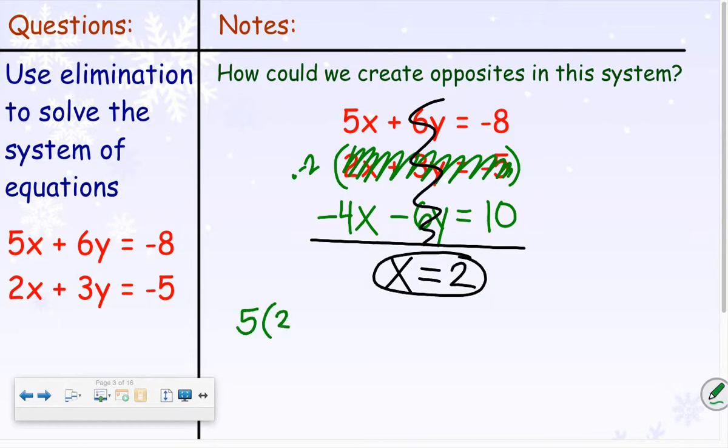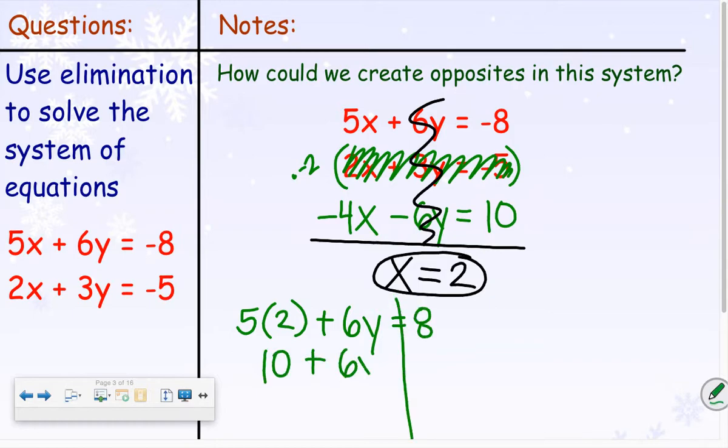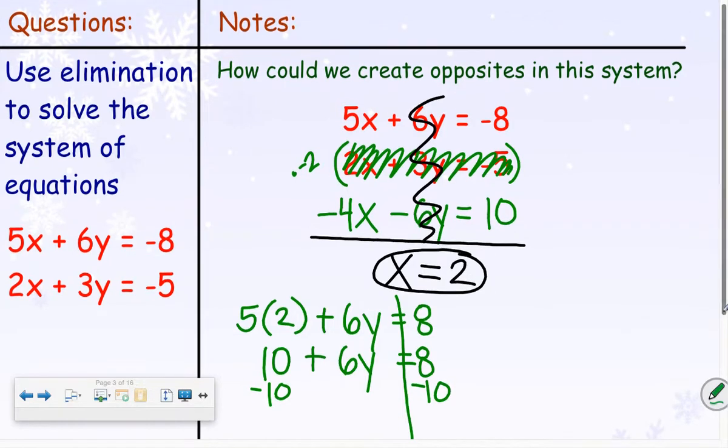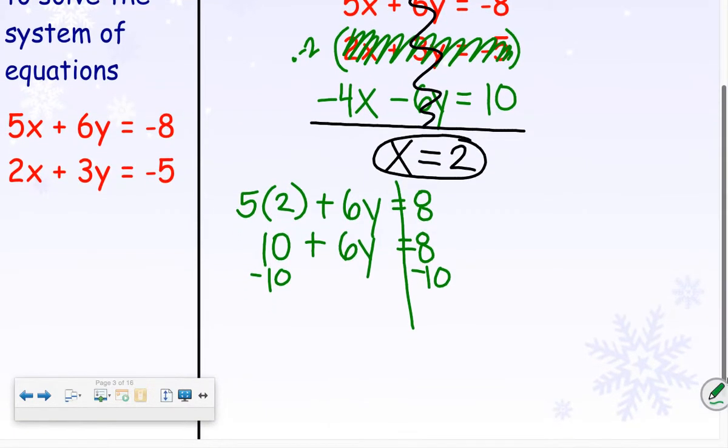5 times 2 plus 6y equals 8. 10 plus 6y equals 8. Minus 10 on both sides. 6y equals negative 2.